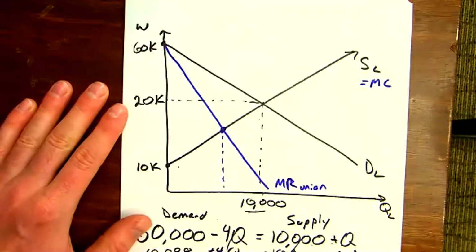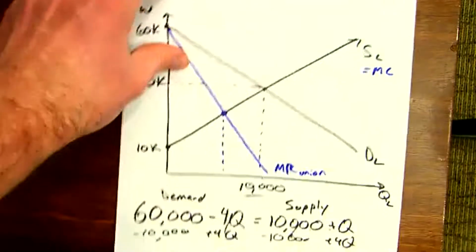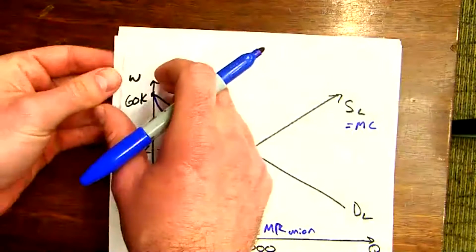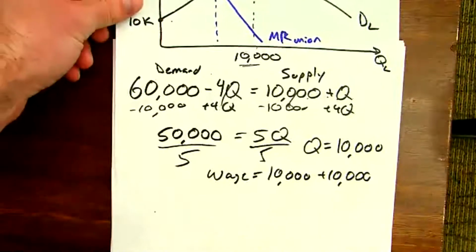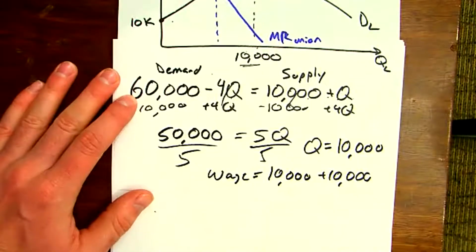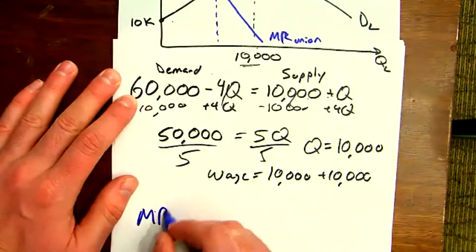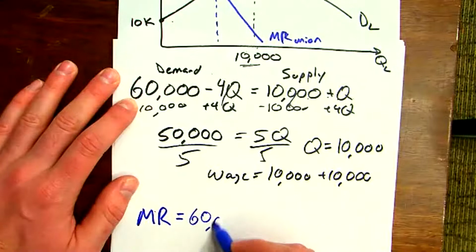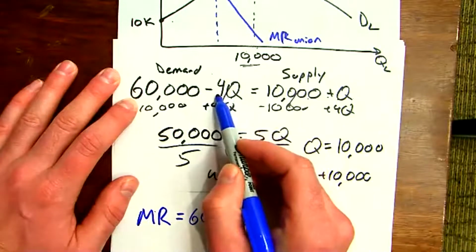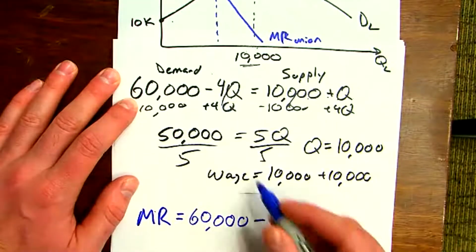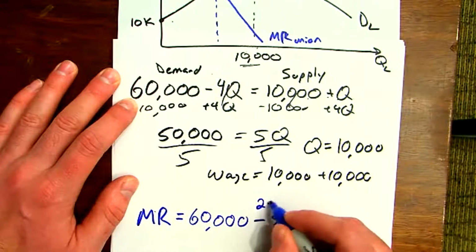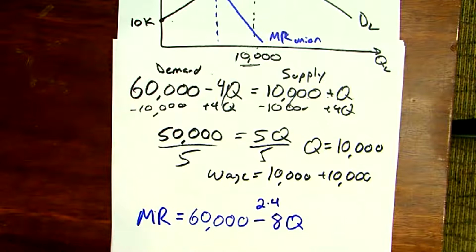So how can I find that point? Well, let me get this paper to move. There we go. If we look at our original demand equation, marginal revenue is going to start at the same point as demand, but be twice as steep. So instead of negative 4Q, it would be 2 times 4, so negative 8Q.